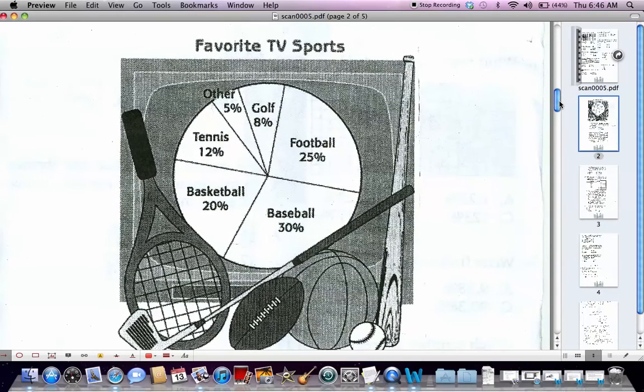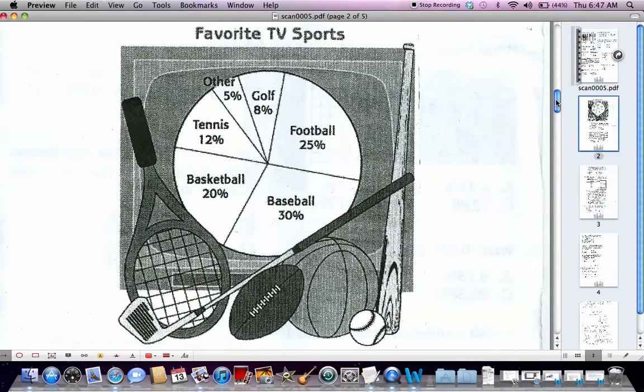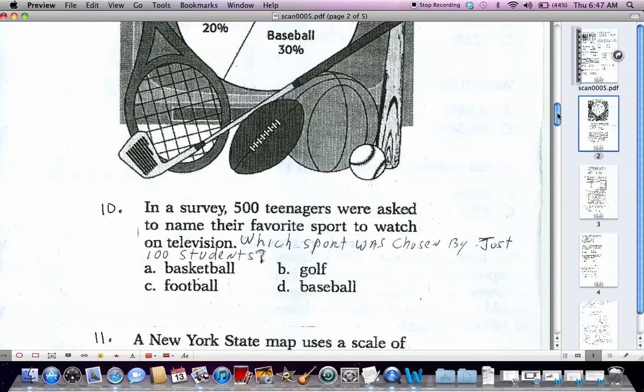Okay, favorite TV sports. Shows you a little pie graph here. In a survey, 500 teenagers were asked to name their favorite sport to watch on television. Which sport was chosen by just 100 students?